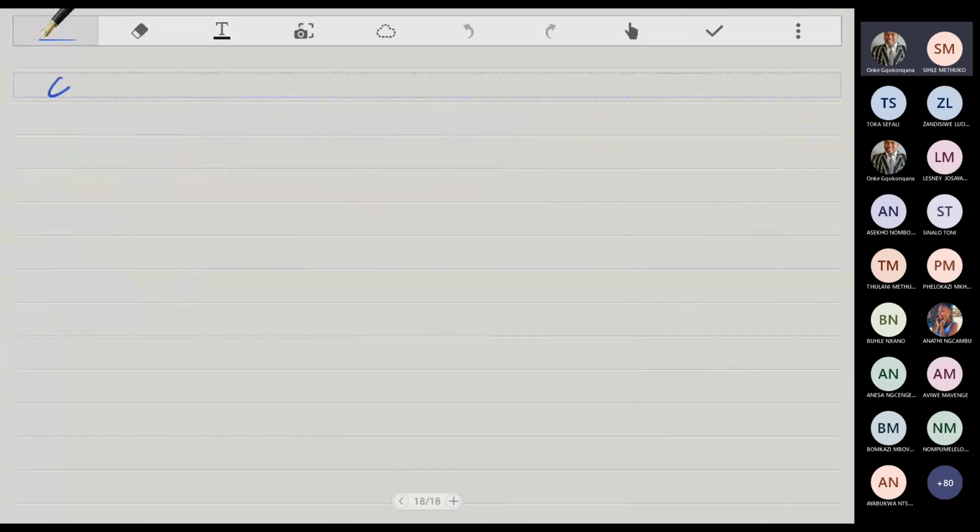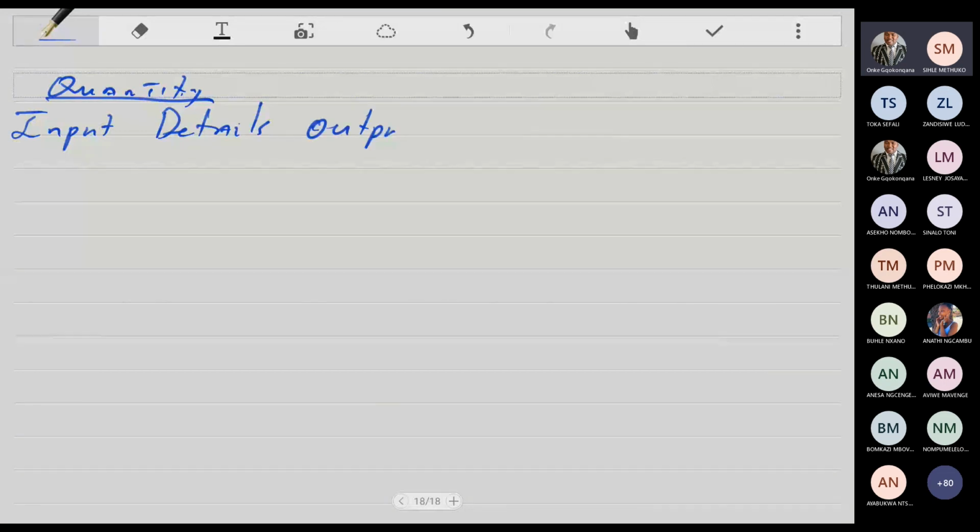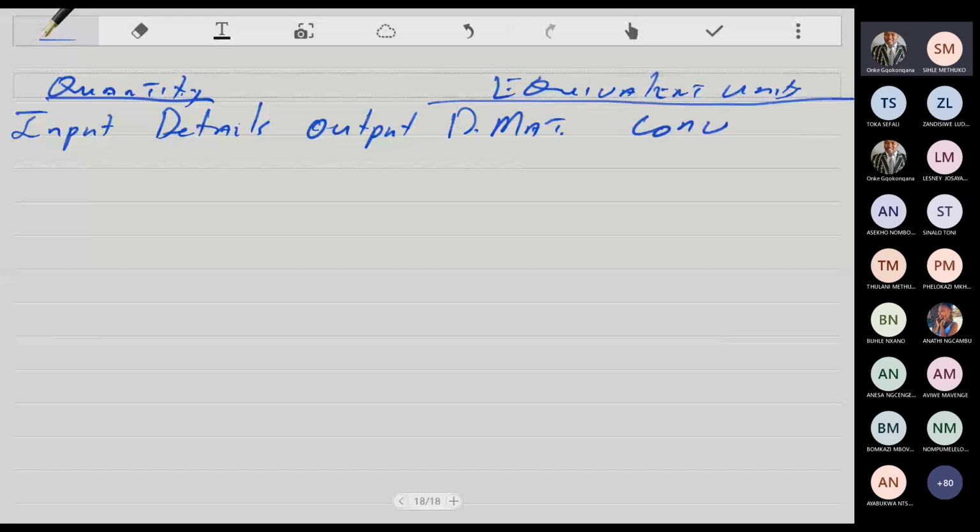We start with the quantity. We've got the input, the details, output. Then we move on to the equivalent units, which is going to be made by our direct material and your conversion. Now look what I'm doing.